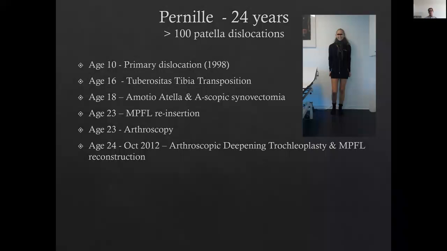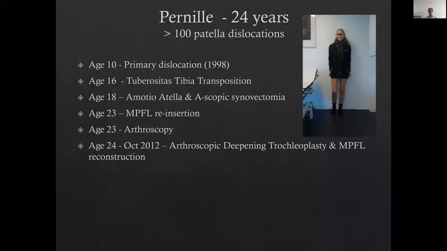At the age of 16, she had a tibial tubercle osteotomy, and then she had the screws removed and an arthroscopic synovectomy due to pain, but they didn't stabilize the patella. But when she was 23, they did an MPFL reinsertion. And then when she was 23, she had a new arthroscopy. At that time, she had redislocated and had pain.